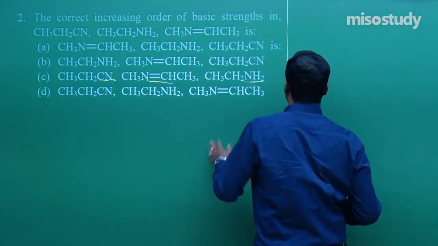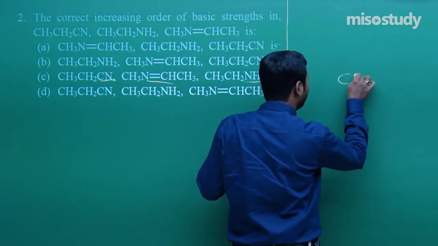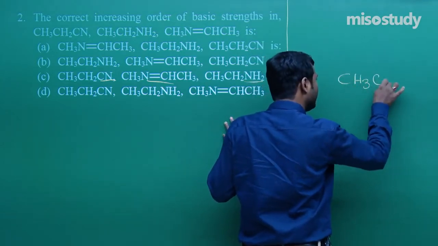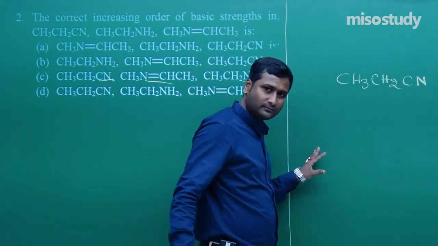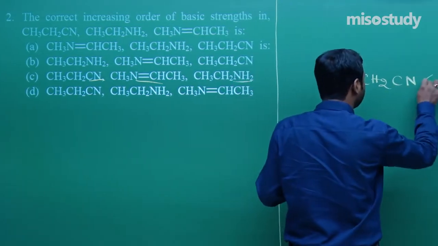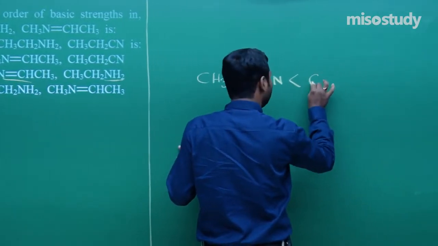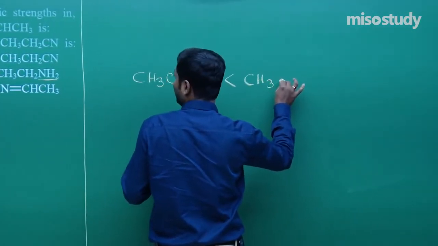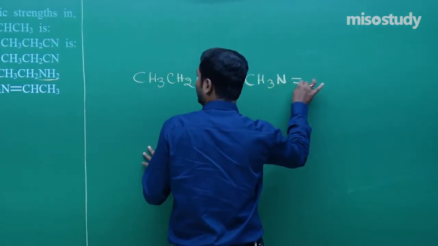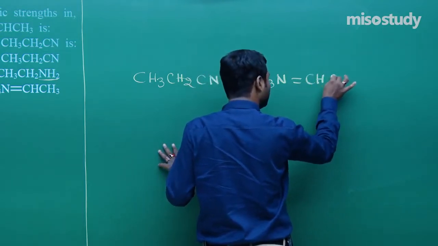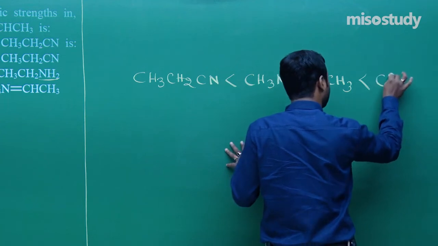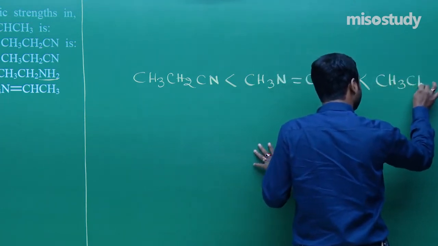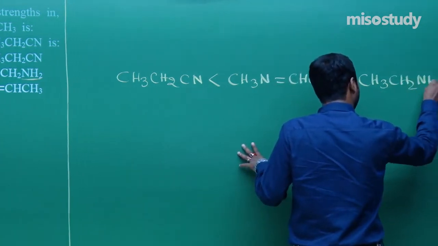So the correct increasing order will be CH3CH2CN, then CH3-CH=N-CH3, then CH3CH2NH2.